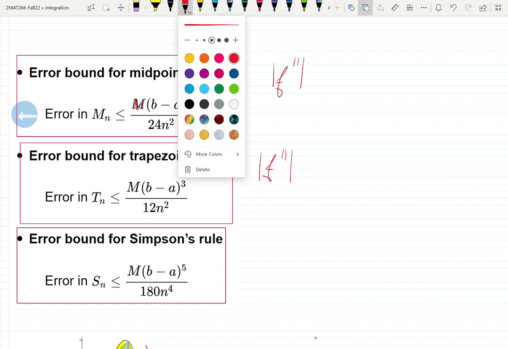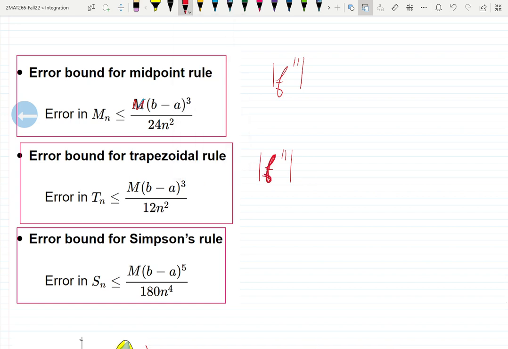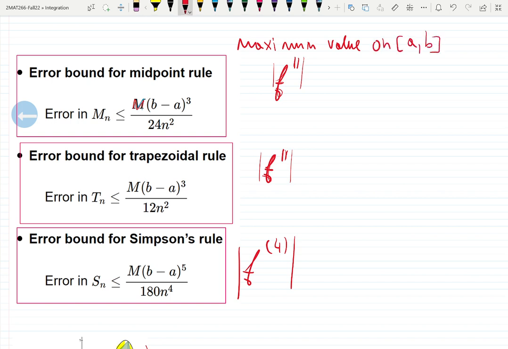While for Simpson's rule, which is pretty awesome, it uses the fourth derivative. 4 in parentheses means fourth derivative, not raised to the 4. It uses the fourth derivative over a and b. And again, we want to find the maximum value of this function on the interval a, b. For each case, it might be different, right?